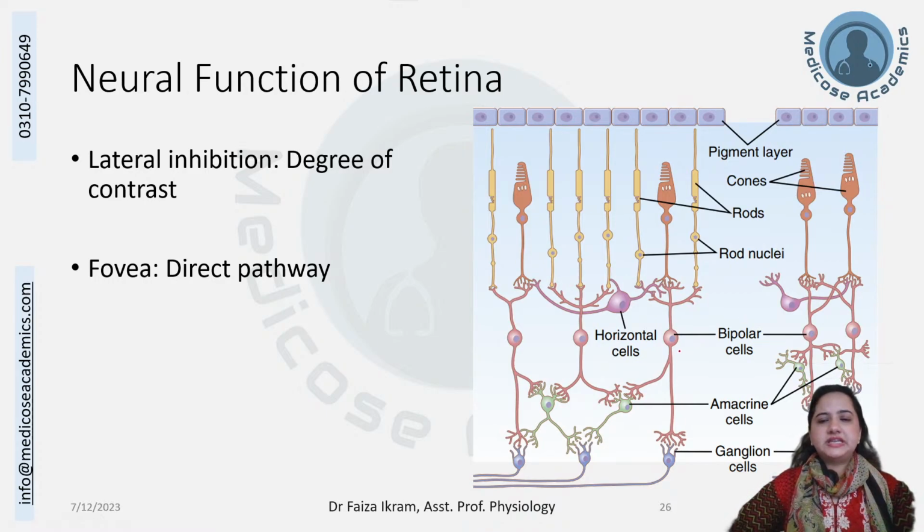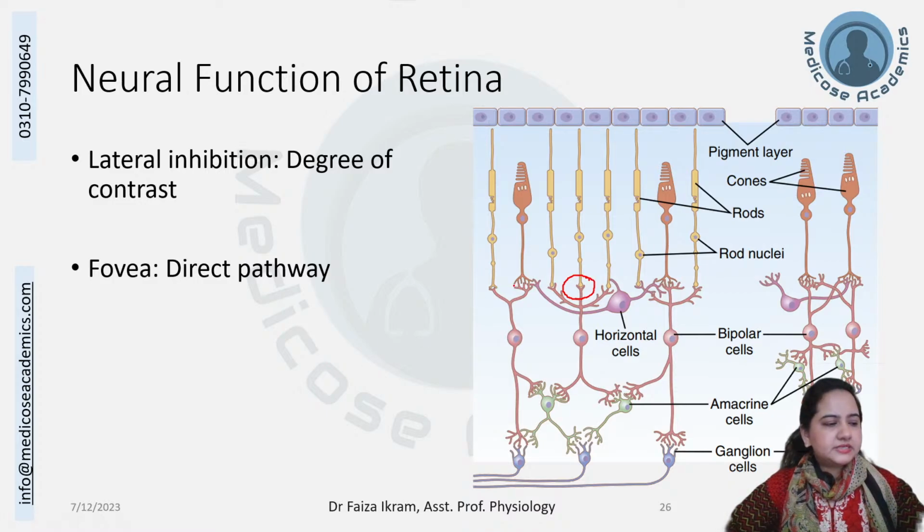The message is next sent either directly to the bipolar cells, as you can see here, or it can be sent to the horizontal cells, as you can see here. The horizontal cell might communicate with the bipolar cells.